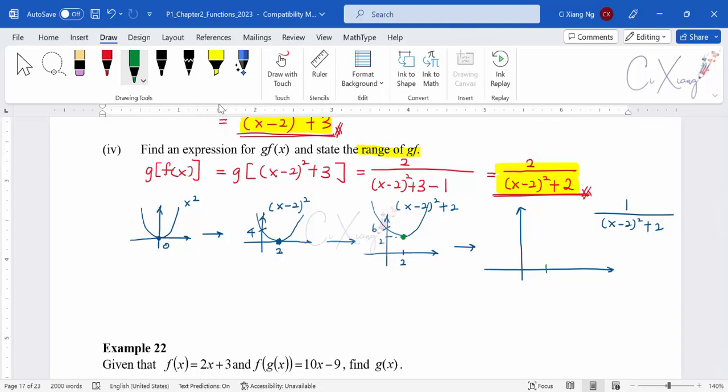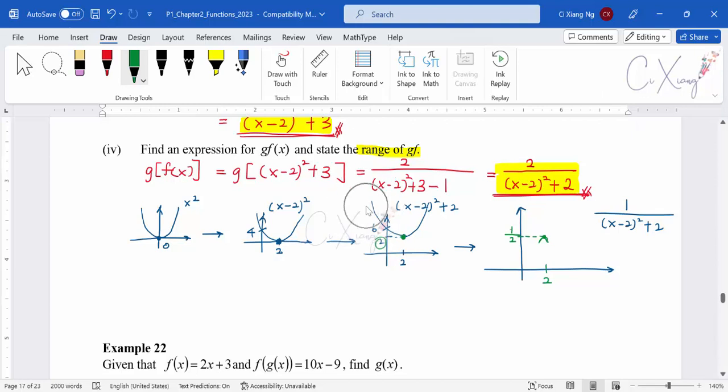So when I draw, it is still at x equals 2, and I'm having a maximum point here. What's the value for this maximum point? Have a look again at the minimum point. My minimum value is 2. So when I want to draw a reciprocal function, I take 1 divided by 2, which means this maximum point is actually 1 over 2. I know that it should be a maximum point.